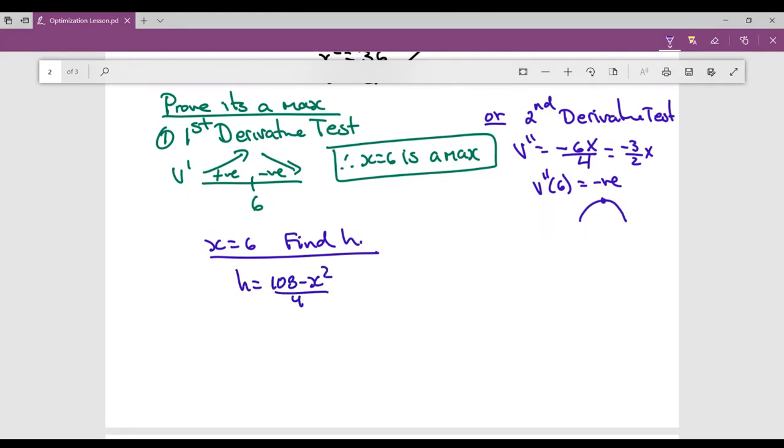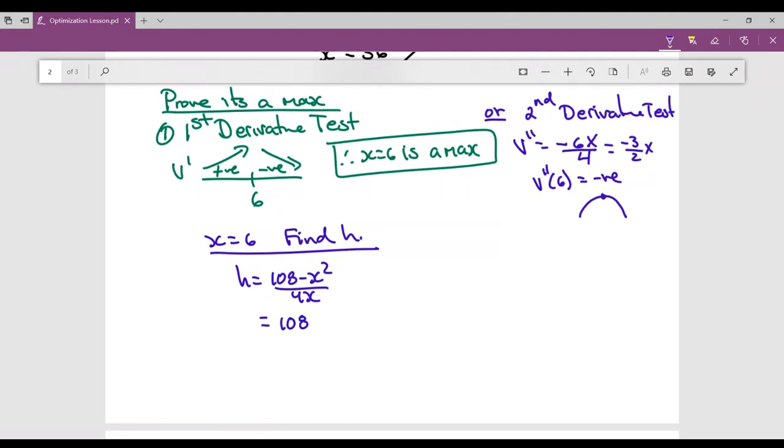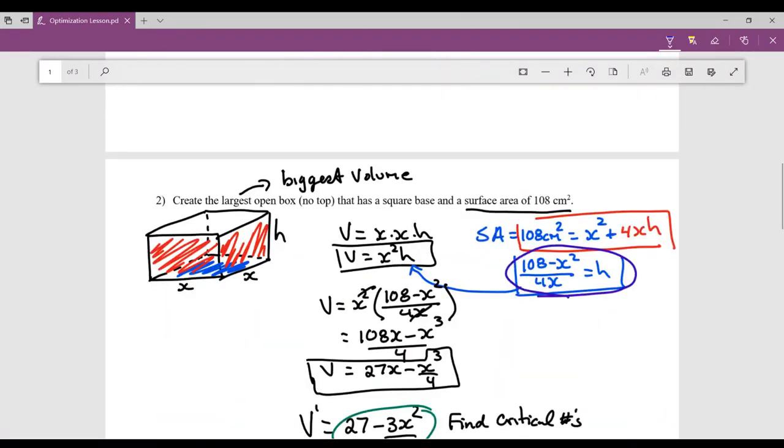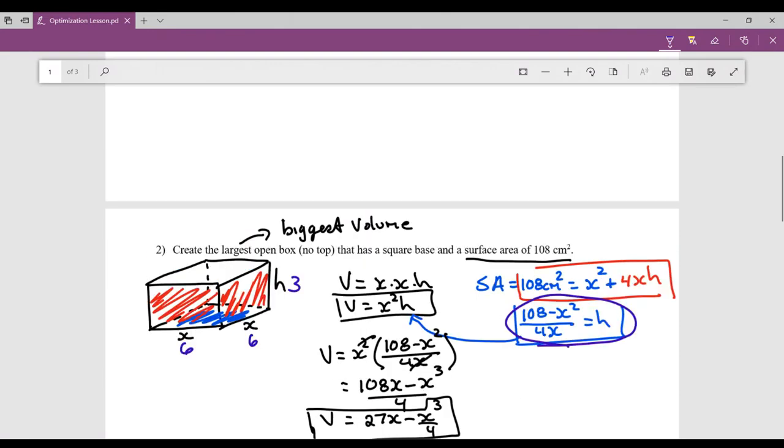Plug in 6, and that should spit out 3. Therefore, the dimensions are 6 by 6 by 3. You look at the box, 6 by 6 by 3. There you go.